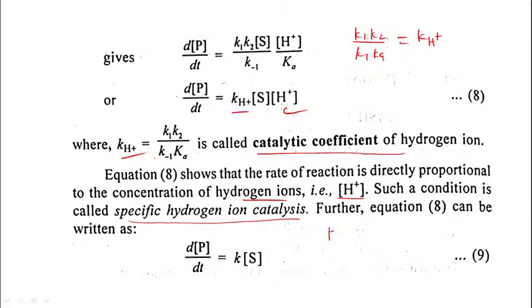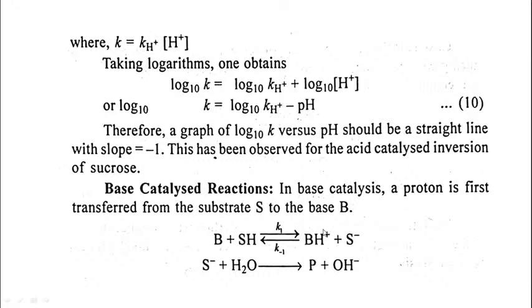K equal to another constant, KH positive, the catalytic coefficient of the hydrogen ion, multiplied by the concentration of the hydrogen ion. This is equation 9. Suppose it is constant here. So the rate of formation of the product with respect to time is directly proportional to the concentration of the substrate, according to this equation.